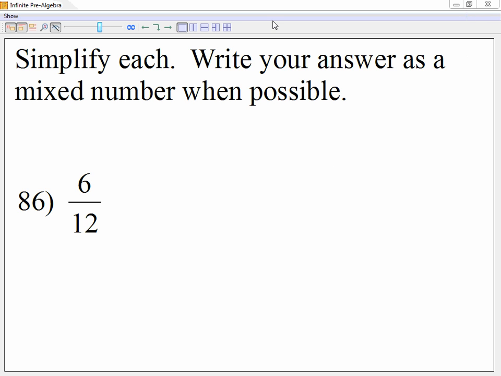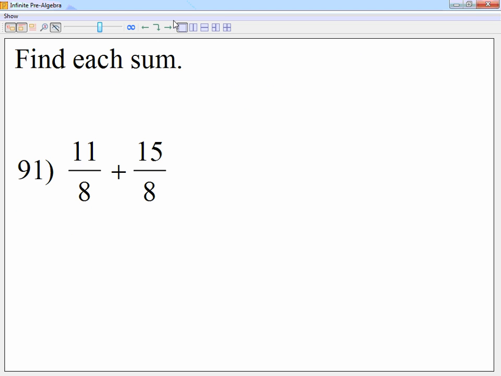Looking at 91. Find each sum. So when they have common denominator, the number at the bottom is the same. They're pretty easy to work with. Just copy the number at the bottom, or in this case, 8. On the top, I'm going to go 11 plus 15, which is 26. We have an improper fraction.